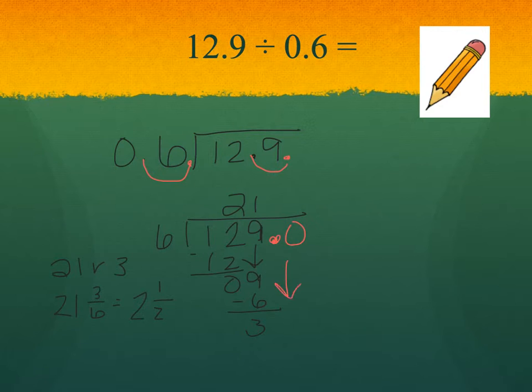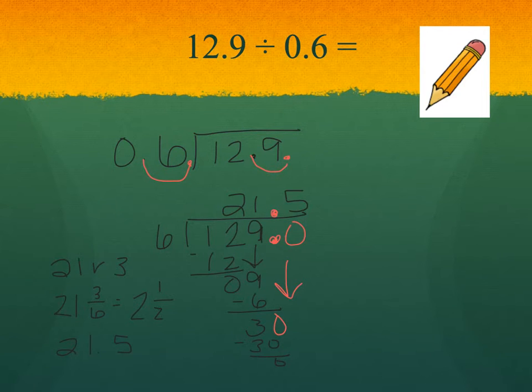Now I can bring down that 0. 6 goes into 30. Oops, I forgot. I also need to bring that decimal up in my quotient so I don't forget it. Now I can continue dividing. 6 goes into 30 5 times. 5 times 6 is 30. Subtract and get 0. So I have 21 and 5/10.